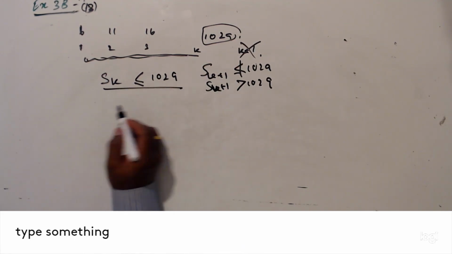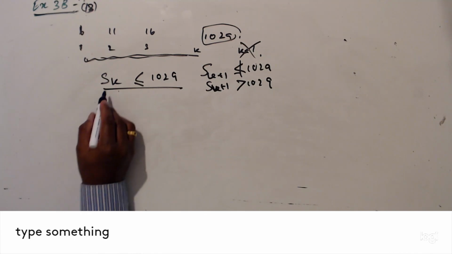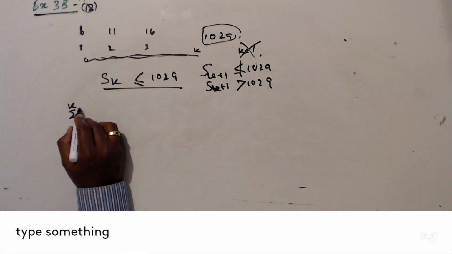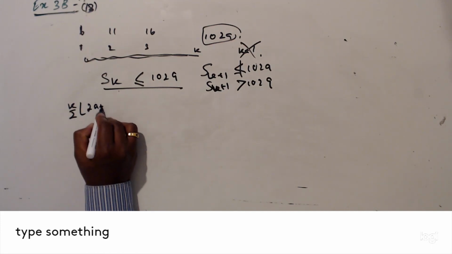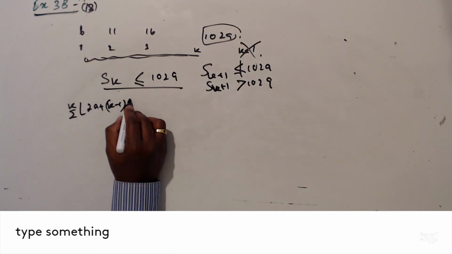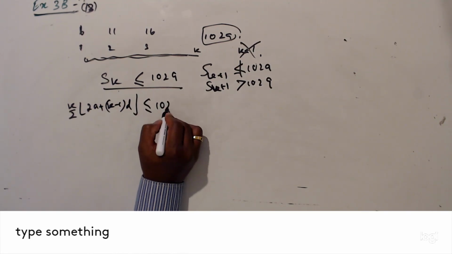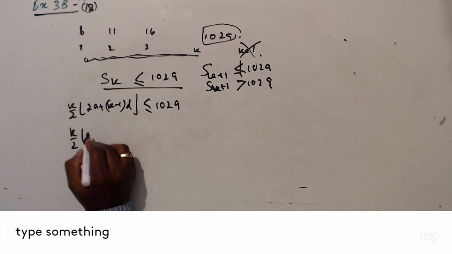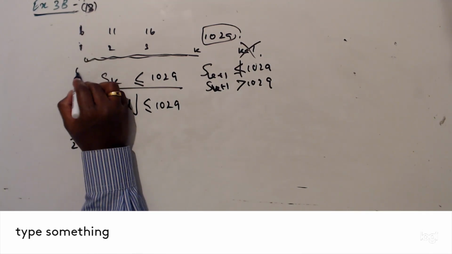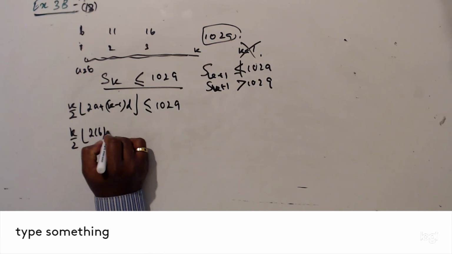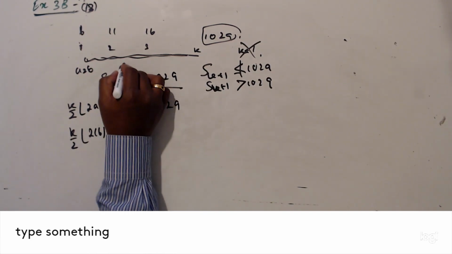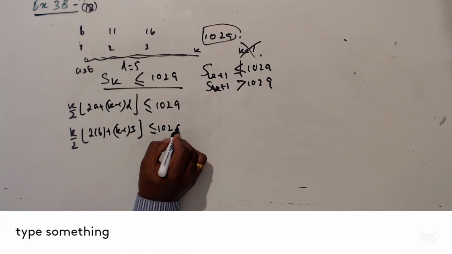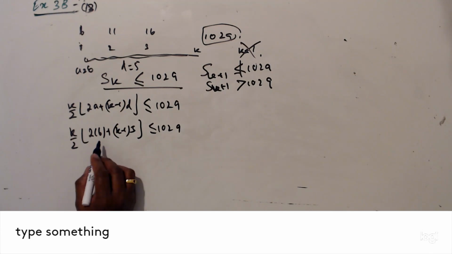So we can use this equation: k divided by 2 times 2a plus k minus 1 times d is less than or equal to 1029. K over 2, 2 times a is 6, and k minus 1 times d is 5, less than 1029. Now we have to simplify this one.